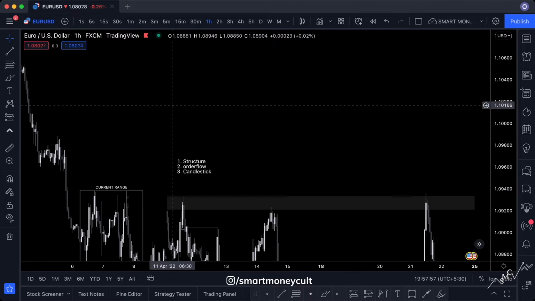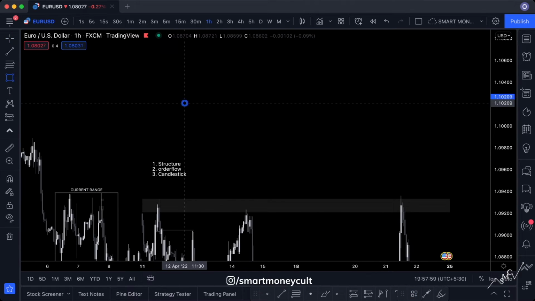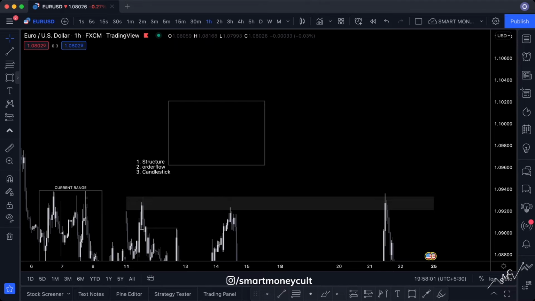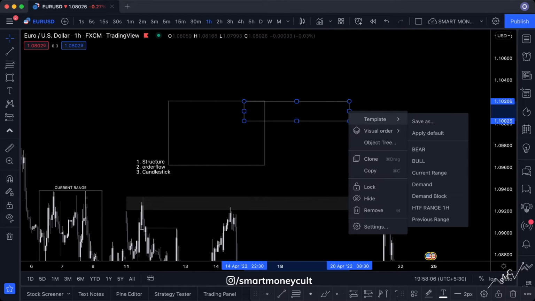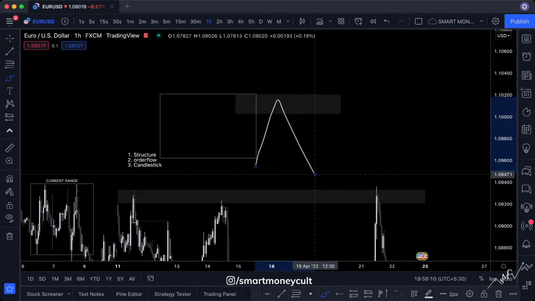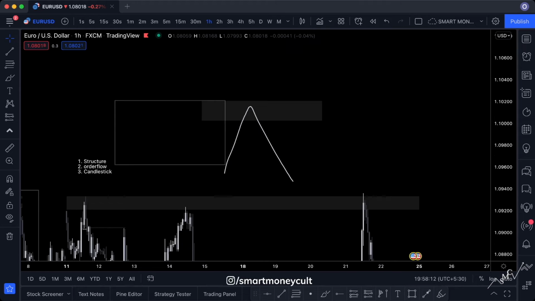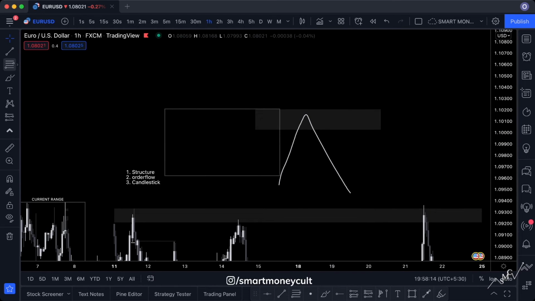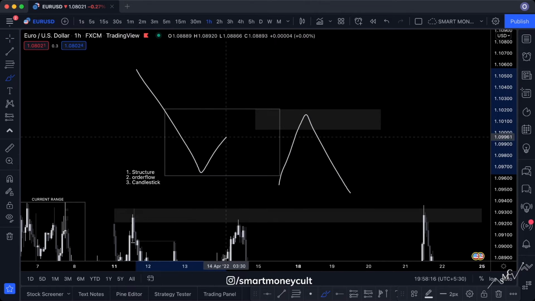Let me draw it out plain and simple. If this is my operational range and this is my point of interest, this has happened on the higher time frame. Now we all clearly know that, just say it's something like this, right?